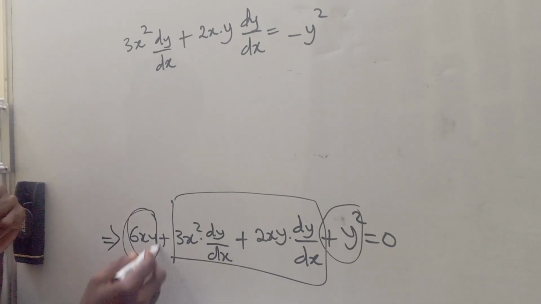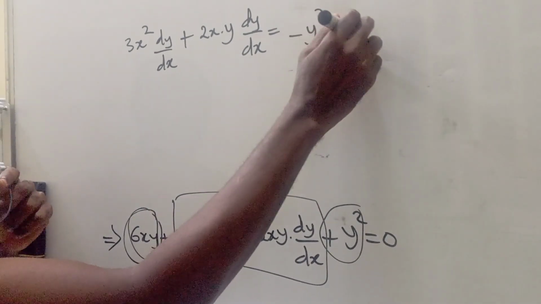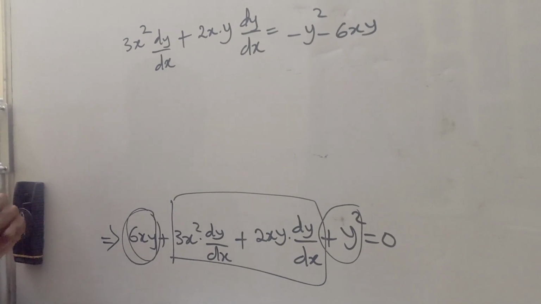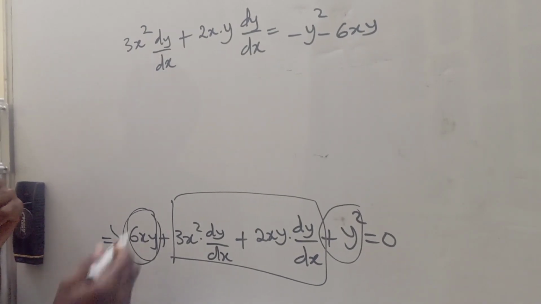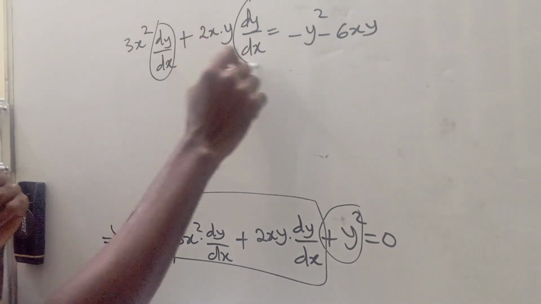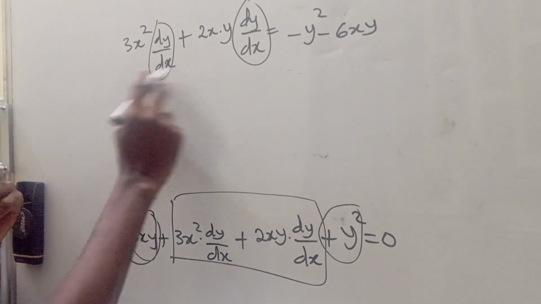And if this goes over, we have minus 6xy. Alright, so from that, I can see that this is common, so I can factorize this part.